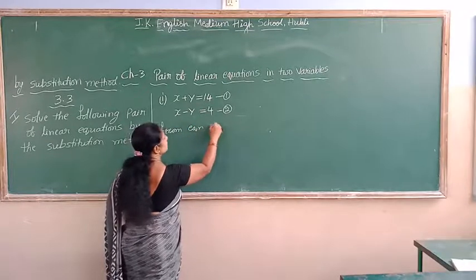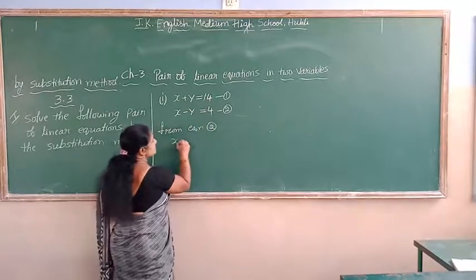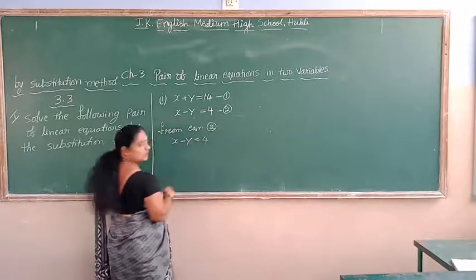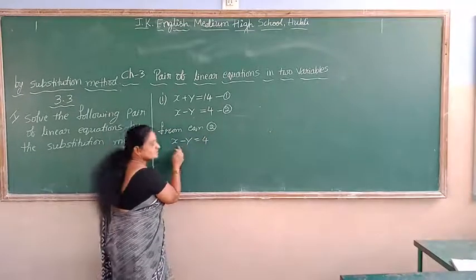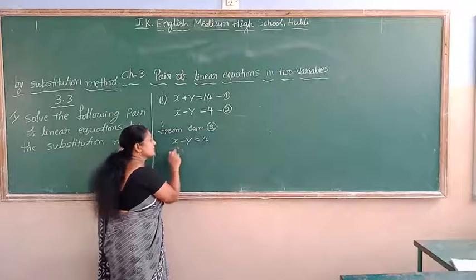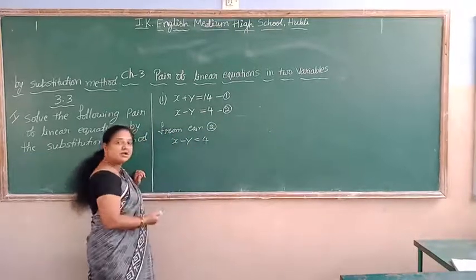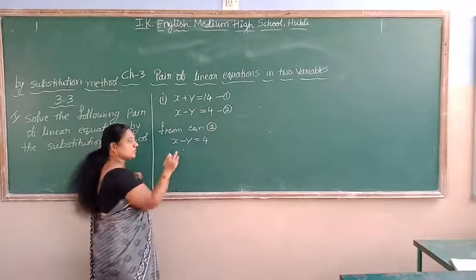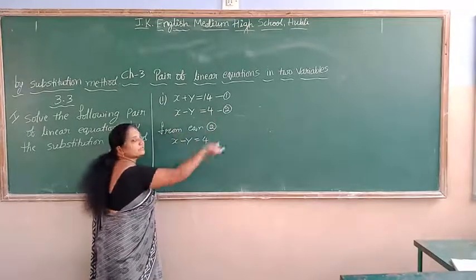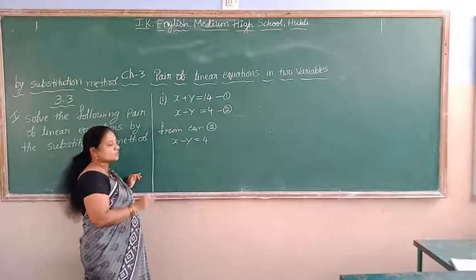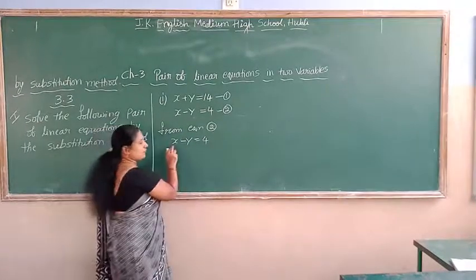From equation 2, children, x minus y is equal to 4. I am going to convert this equation 2 in the form of x. In the form of x means x should be on one side and the remaining terms on the other side. If I convert to y form, y should be on one side and the remaining terms on the other side. But now I am converting in the form of x.